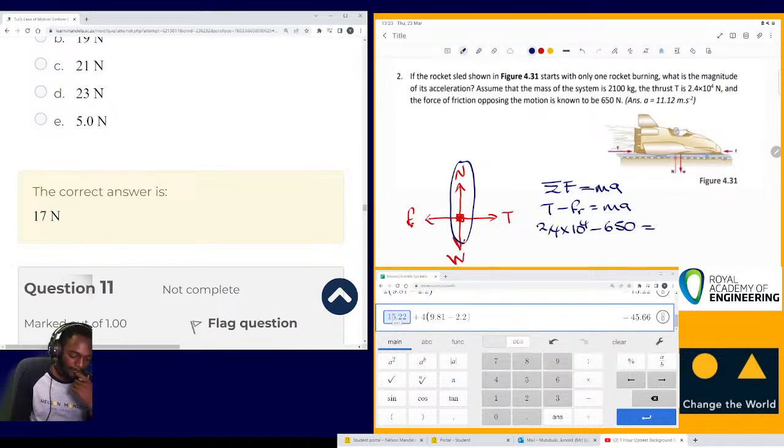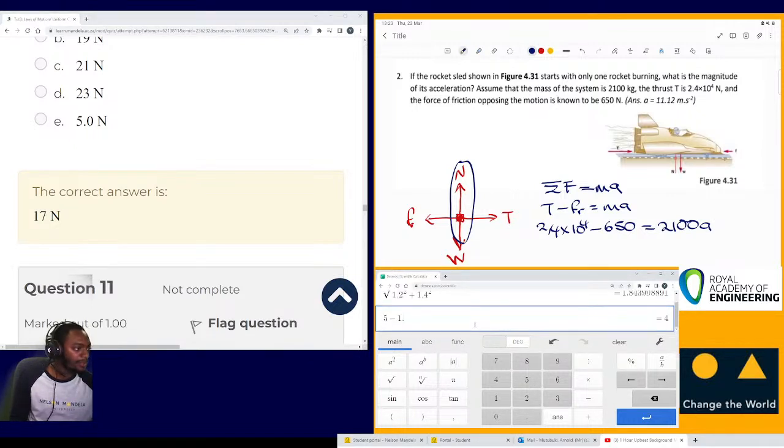the mass, 2,100, and we're looking for A. So which means our A, what's left there is for you to punch. So this is 24,000, right? Is it? It's 240 minus 650.